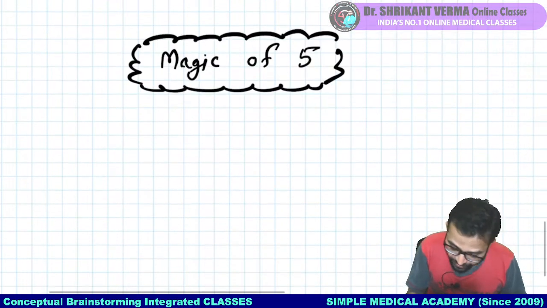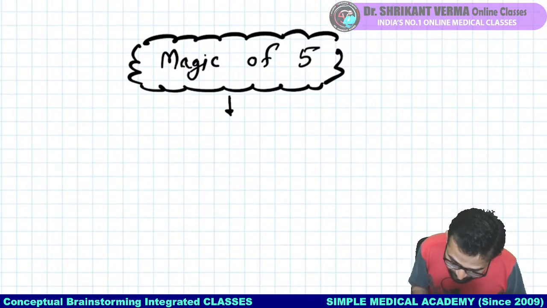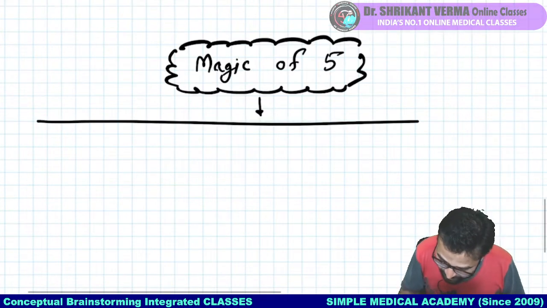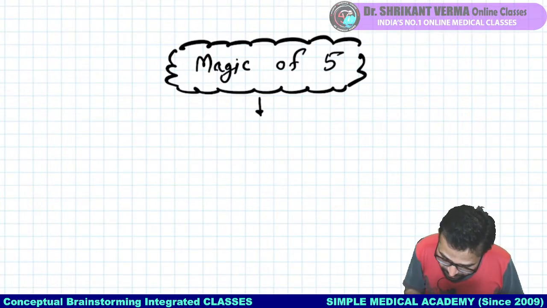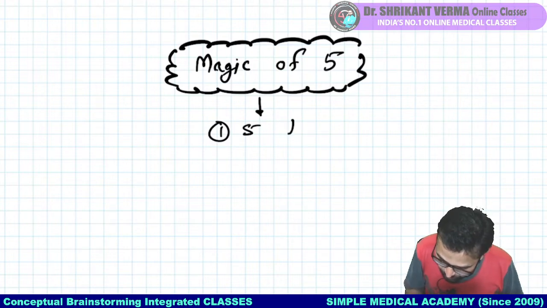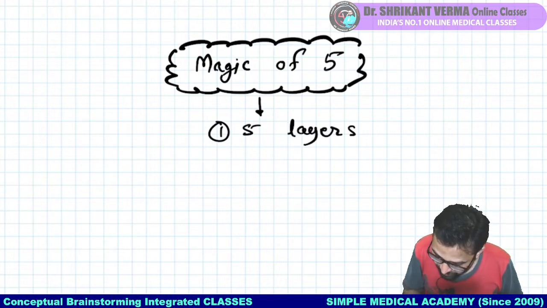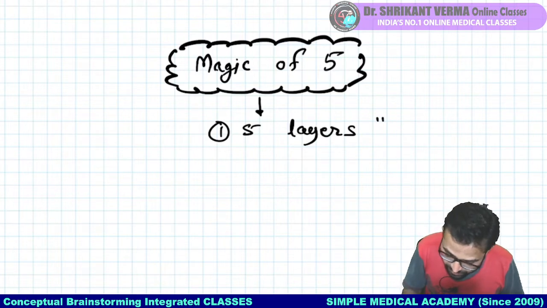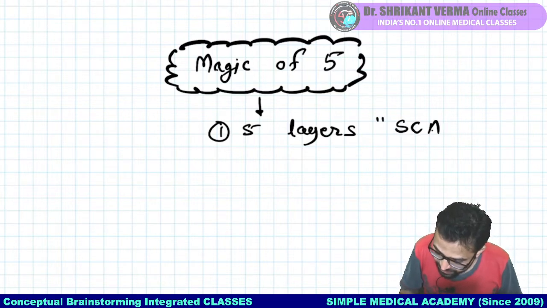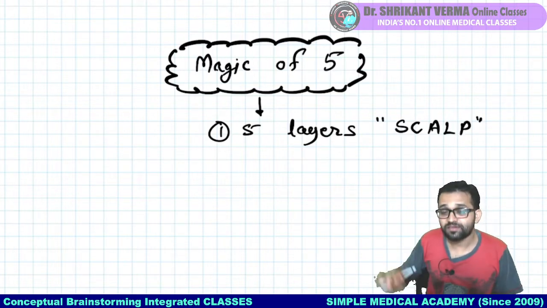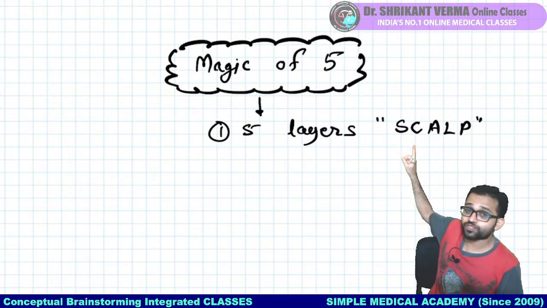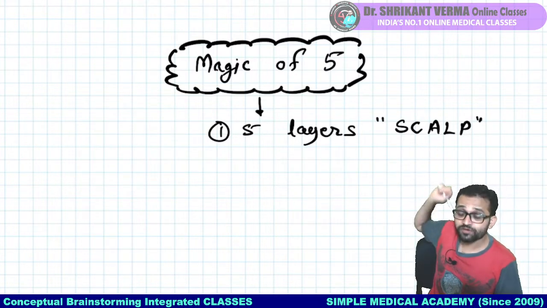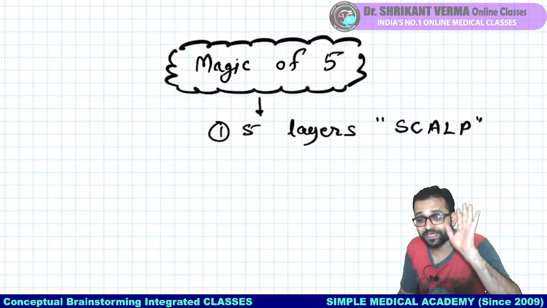It is having 5 layers, for which we will learn the mnemonic SCALP. S for skin, C for connective tissue, A for aponeurotic layer, L for loose areolar tissue, and P for pericranium. Fine.